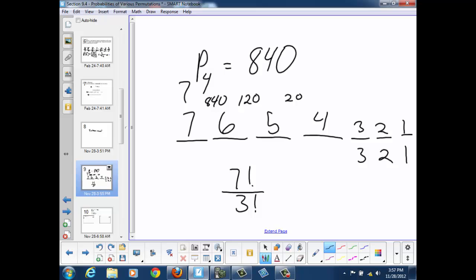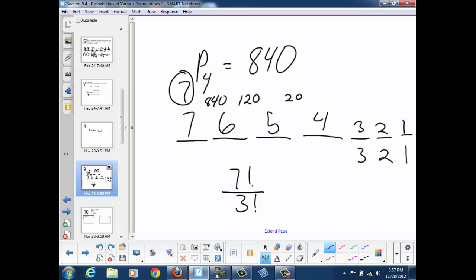Well, the 7 factorial, the 7 comes from the number of items in my original set. The 3 factorial is the items that I'm not choosing out of the 7.